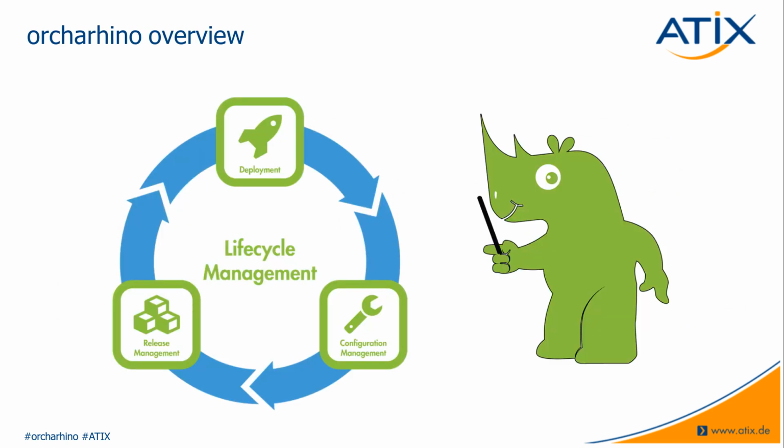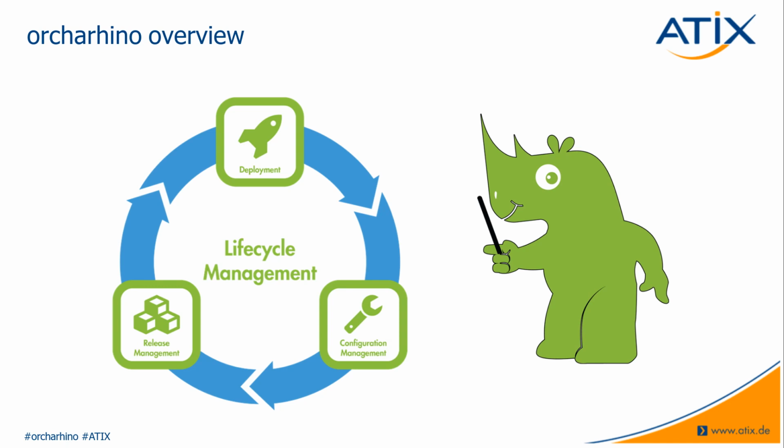So basically, with orcharhino, we are able to map the whole lifecycle of a server. This starts with deployment. So the server is being built in the cloud as a VM, also as a bare metal server. We run our configuration management, so we can configure all the packages and all the servers with Ansible, Puppet, or SaltStack.